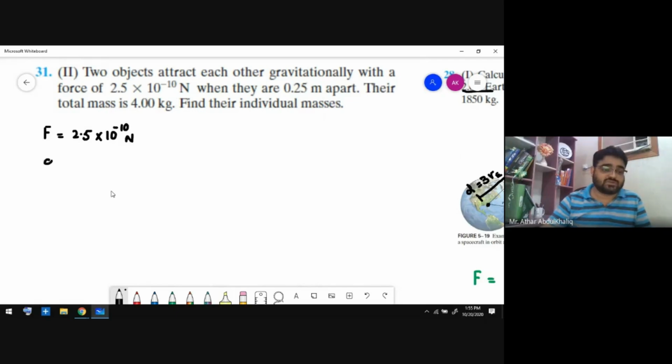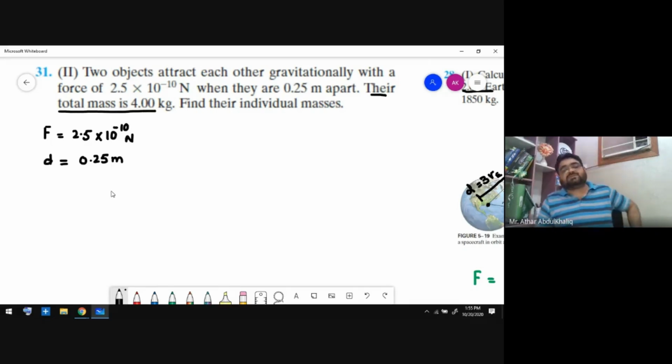So distance is also given in meters. So no need to change the unit. This is a very good thing in this question, that there is nothing to change. This is a very important sentence.